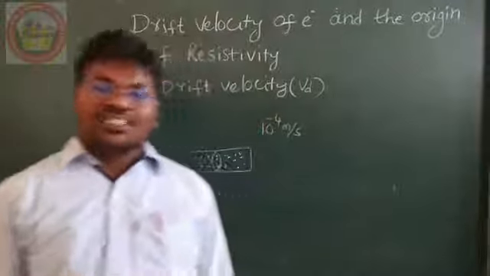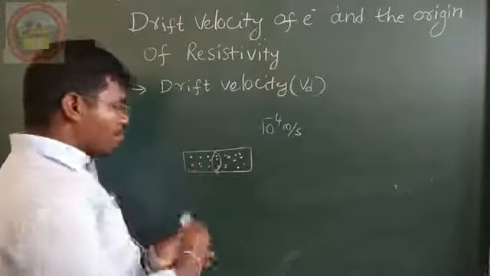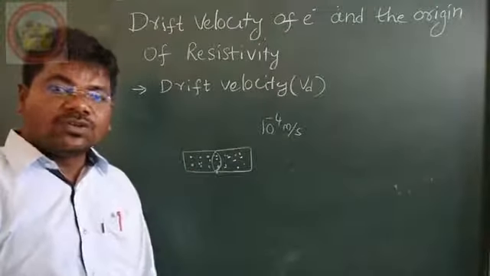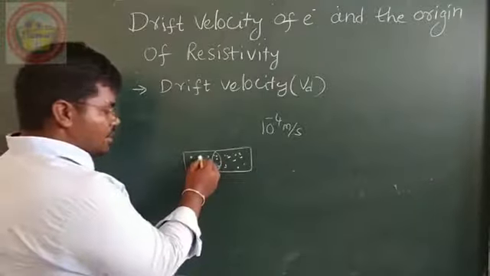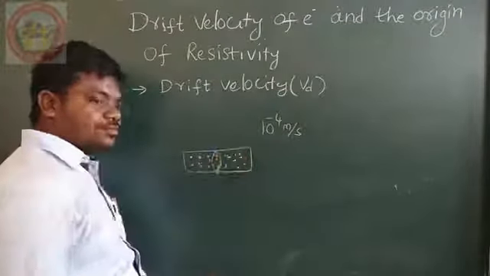Without an external electric field, the electrons travel from one direction to another, rightward and leftward.